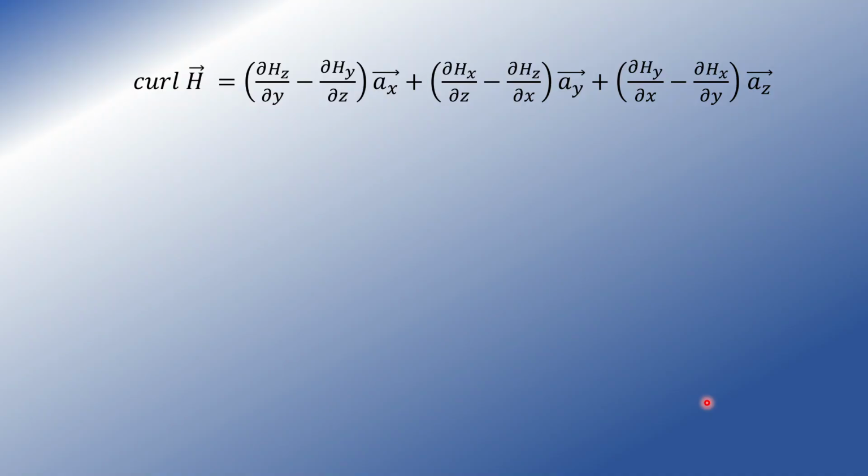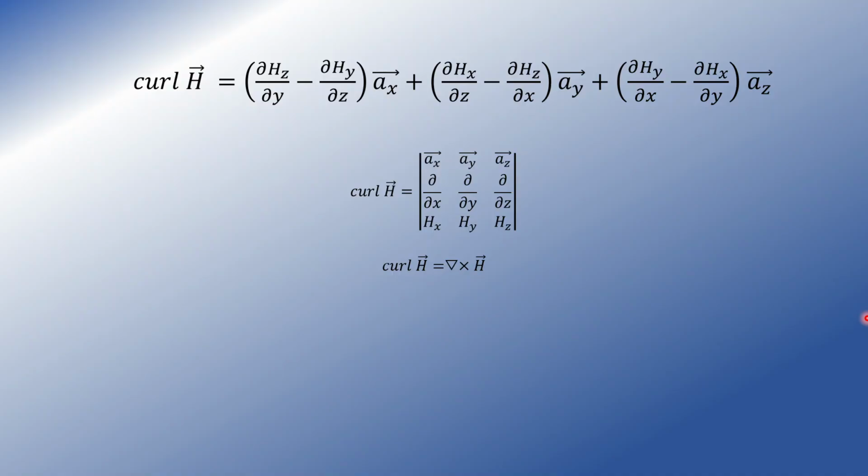in the x, y, z coordinate or the Cartesian coordinate system, which can also be written as the determinant of the matrix shown on the screen. Now when you expand this determinant, you get the same equation, and this curl of H is mathematically written using the symbol del cross H, where we know the del operator already, which is ∂/∂x.